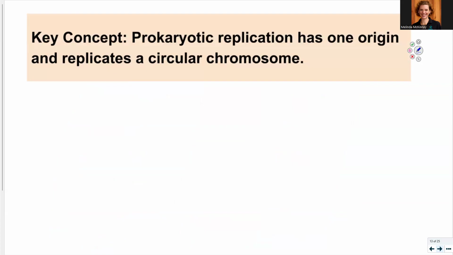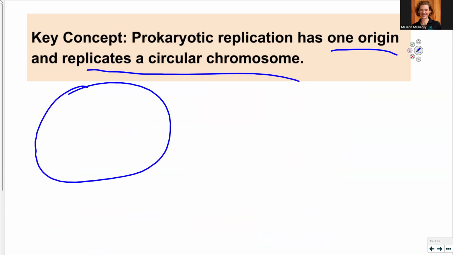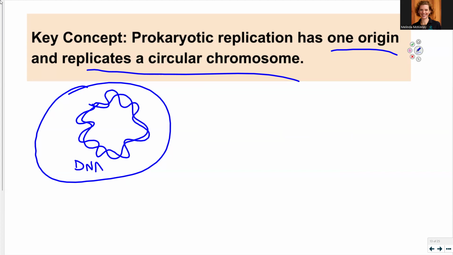Prokaryotic replication has one origin and replicates circular chromosomes. So if you remember, here's a prokaryotic cell. A prokaryotic cell does not have a nucleus. So the DNA in the prokaryotic cell is just hanging out there in the cytoplasm. So here's my DNA, and it's actually a circular chromosome. When it replicates, there's going to be one area where it starts. That's called the origin.